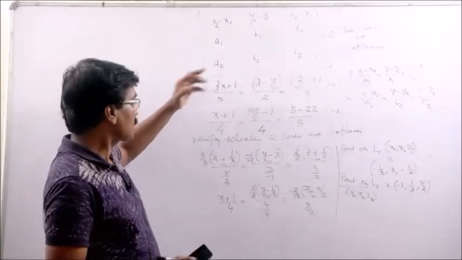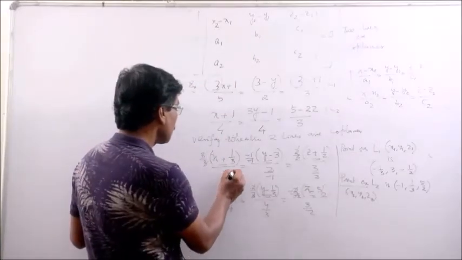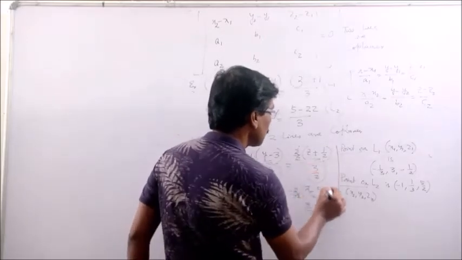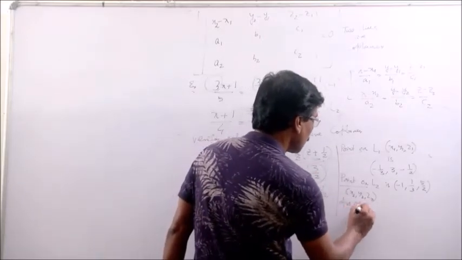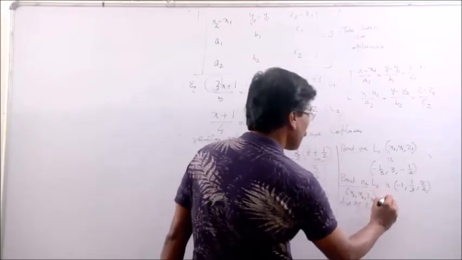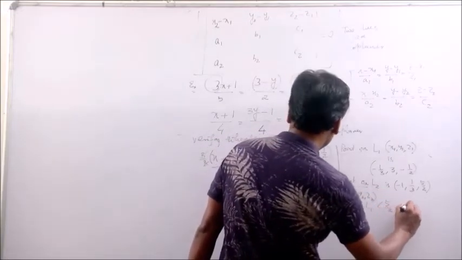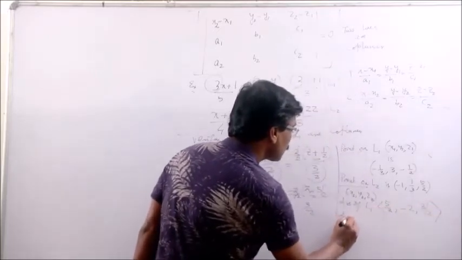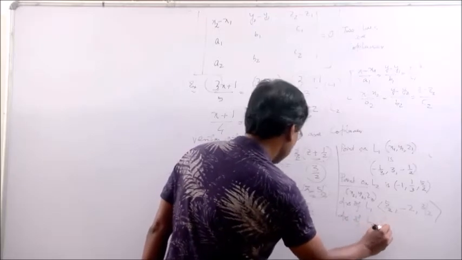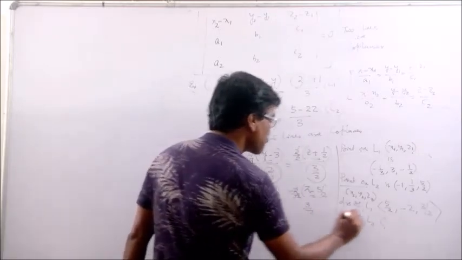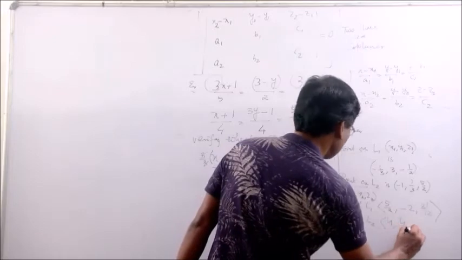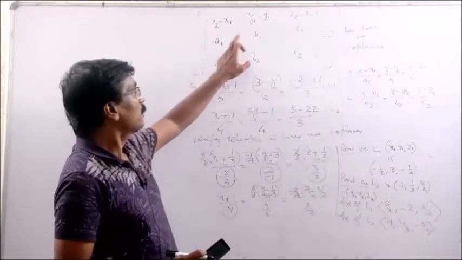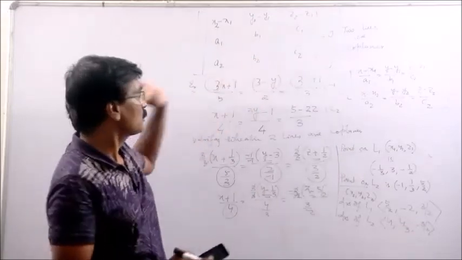Next, we have the direction ratios. So, the direction ratios of L1 are 5 by 2, minus 2, 3 by 2, and the direction ratios of L2 are 4, 4 by 3, minus 3 by 2. So, this is your A1, B1, C1 and A2, B2, C2.